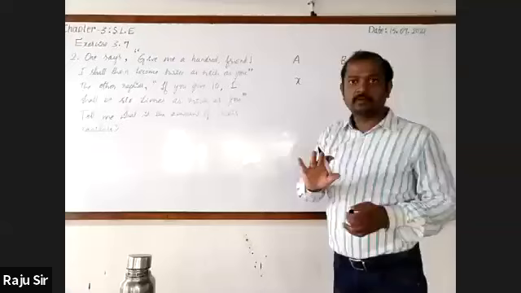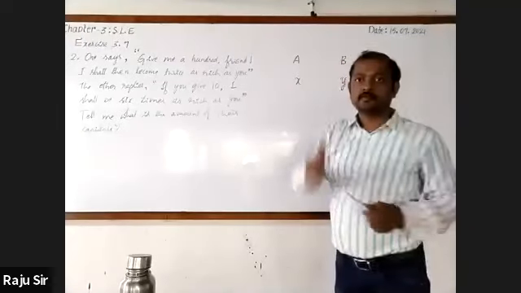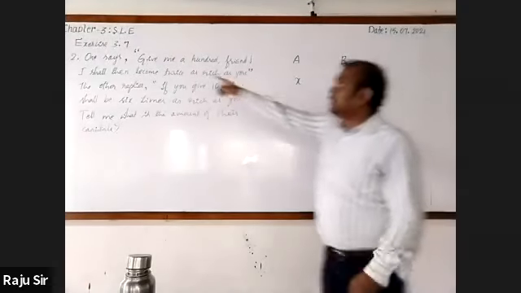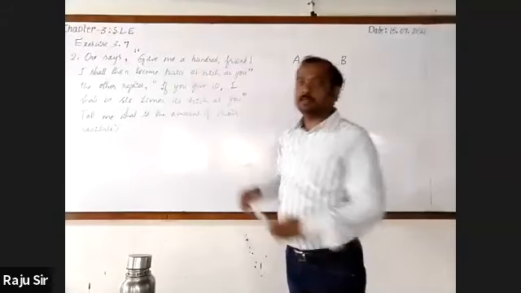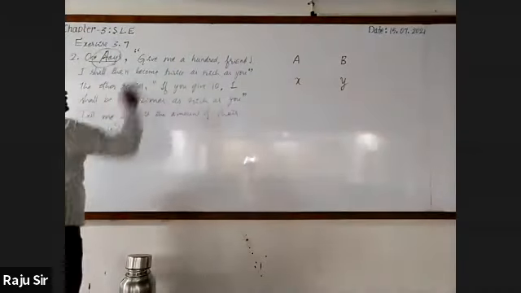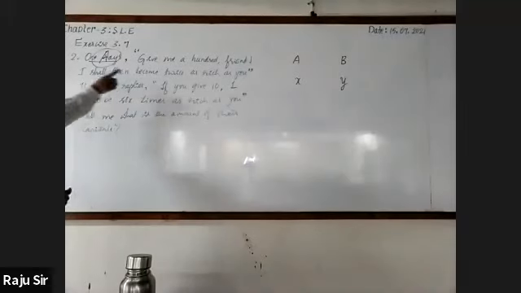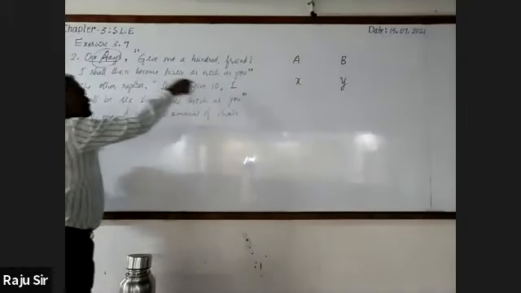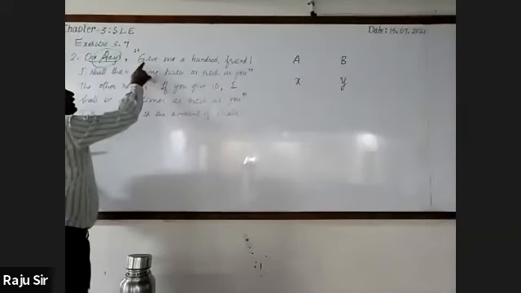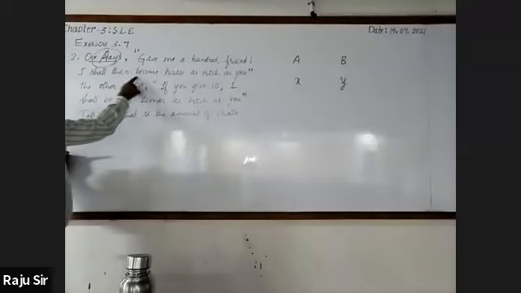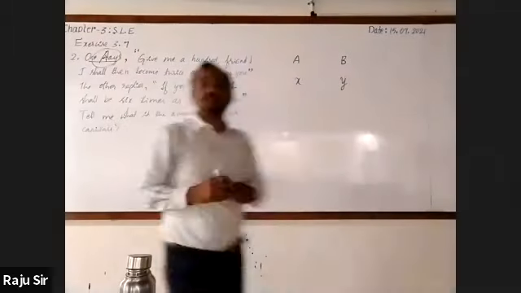Did you understand? Okay. Now, let's go through the statement. The first statement is given by A. A will ask B to give me 100 rupees, then I will become twice as rich as you.